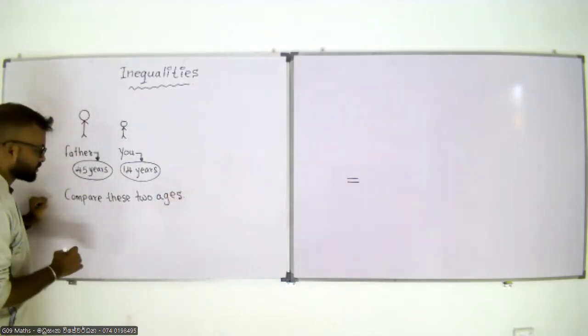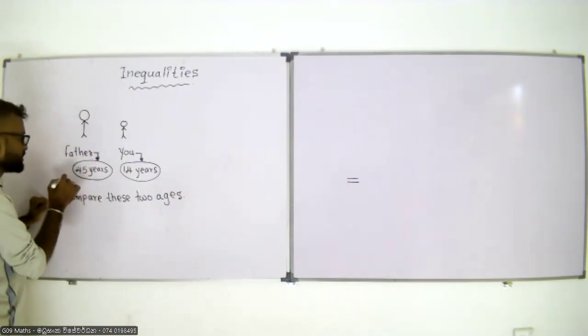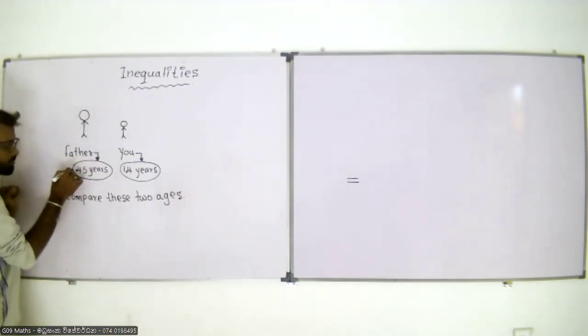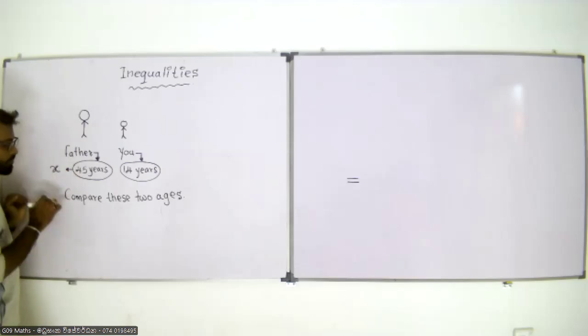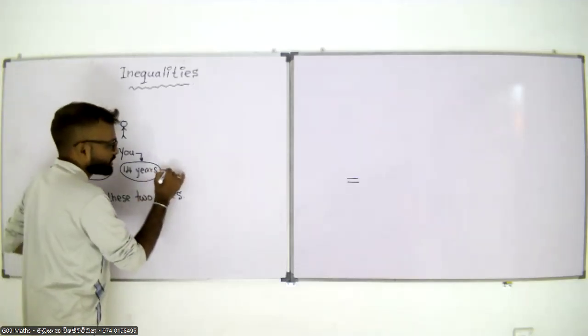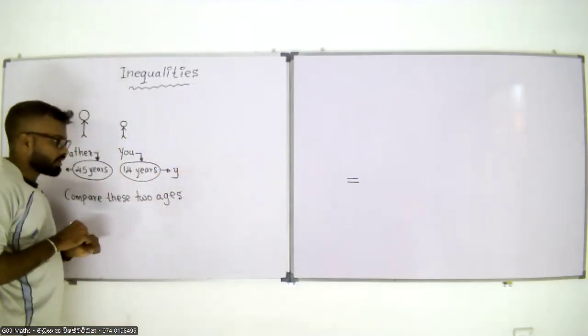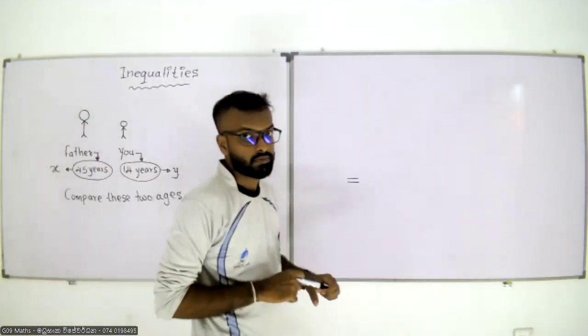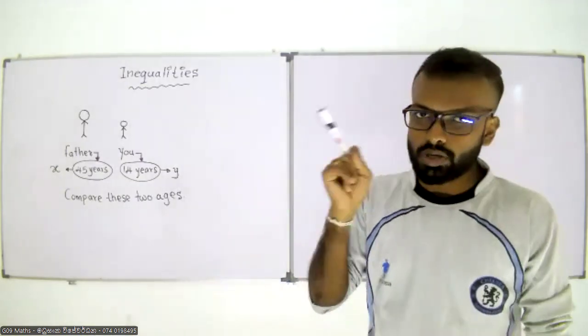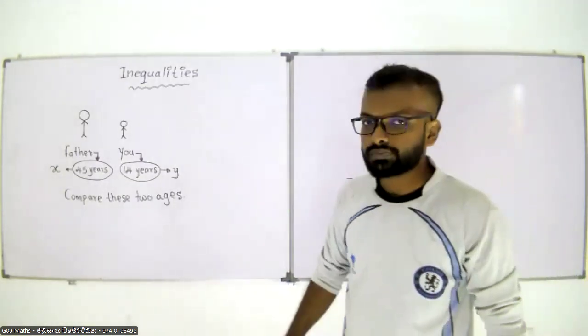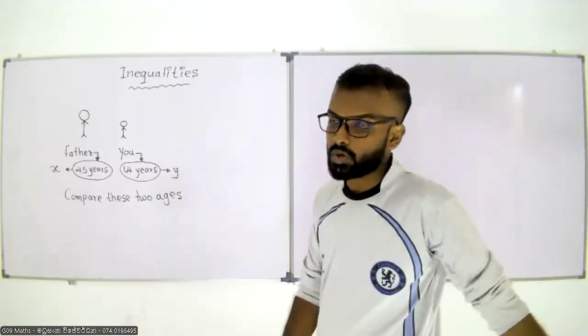So I would take father's age as X, and your age as Y. Father's age X, your age Y. Father's age is 45 years old.